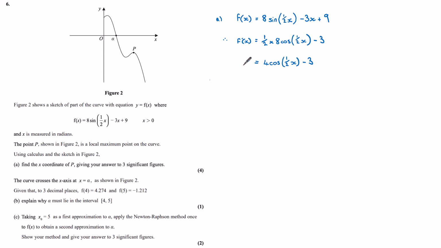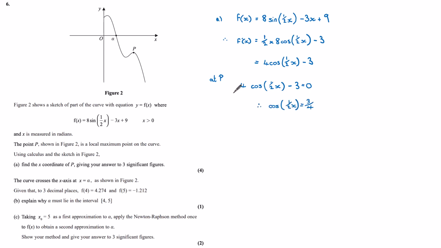Simplifying this then, f dash x is equal to 4 cos half x minus 3. At the point P, our gradient is equal to 0, so 4 cos half x minus 3 is equal to 0.